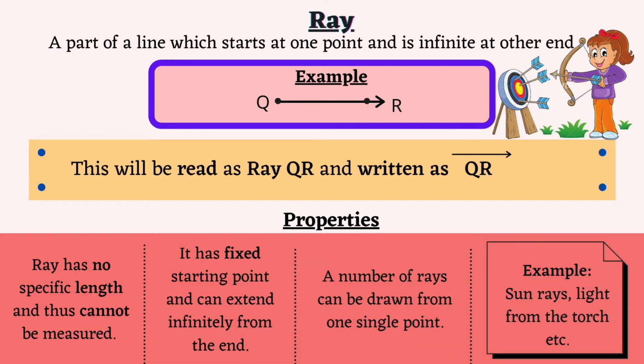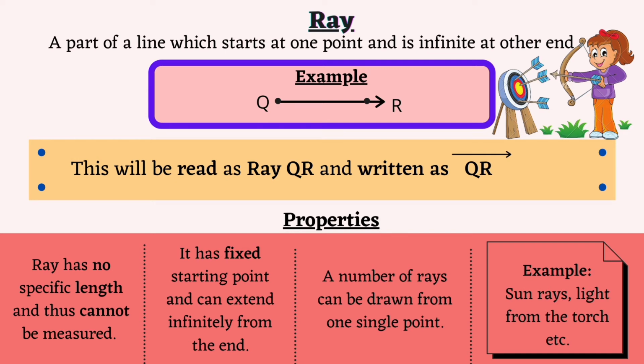Next is the ray. It is also a part of the line, but it starts at one point and is infinite, that is, goes on and on from the other end. The example of ray is shown below. So here you can see that there is one endpoint which is named as Q, and at the other end there is an arrow mark denoted by a letter R, indicating it can be extended from this end to infinity.